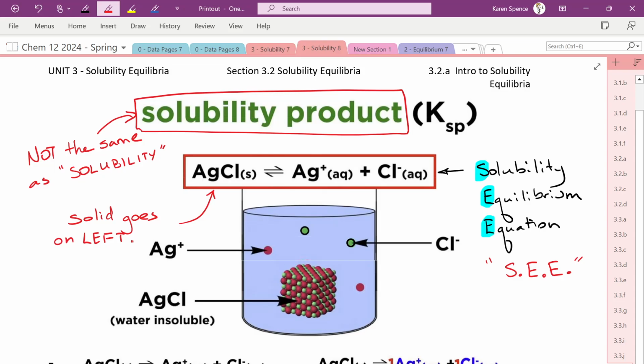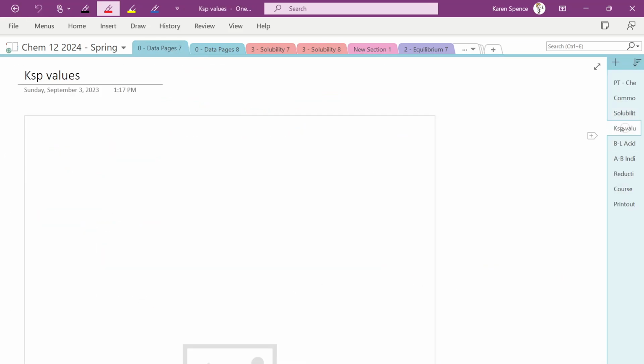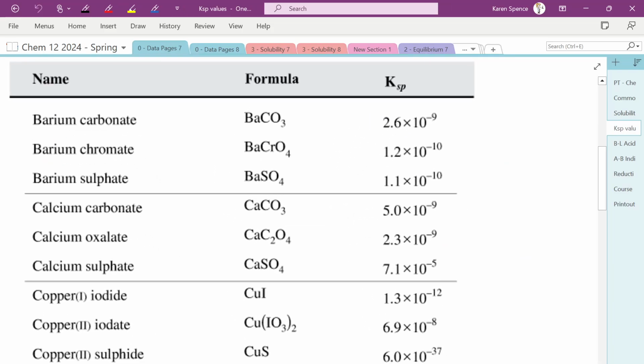What you do needs to be the same as what some student over on the other side of Canada is doing, because we're all going to be using the same data tables, like this one. Yes? And this is the value that you get if you write the solid on the left. If you wrote the solid on the right, you would end up with 1 over 2.6 times 10 to the negative 9. Okay, and so that's not what we are given in our tables, so we need to make sure we put the solid on the left.